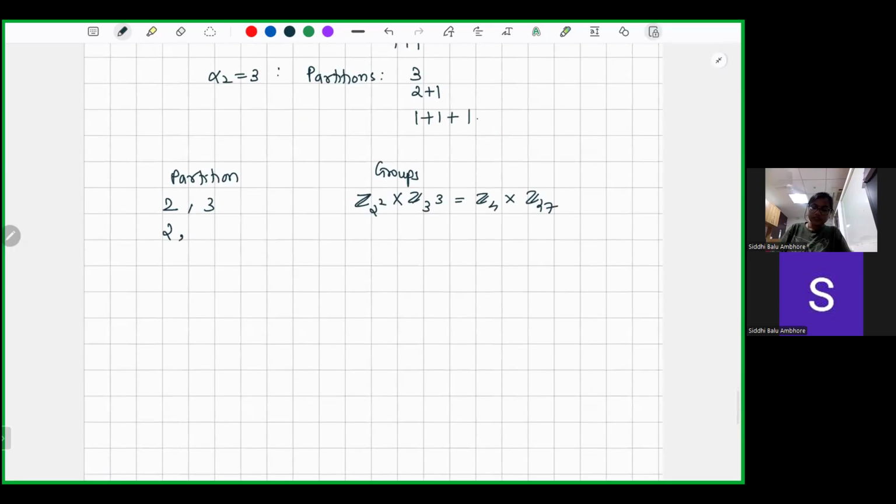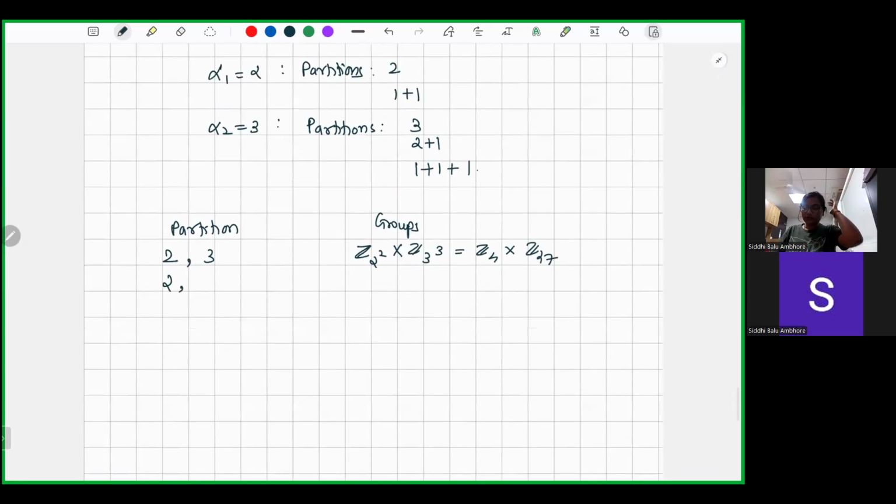Similarly, with this partition of 2, I can combine this partition of 3, that is 2, 1, and this will be again Z2 square cross Z3 square cross Z3. So this will be Z4 cross Z9 cross Z3.